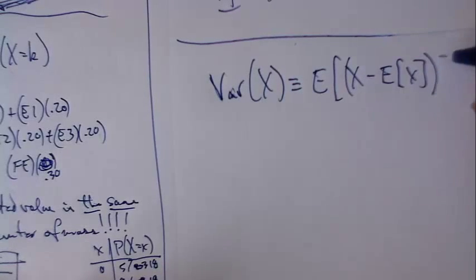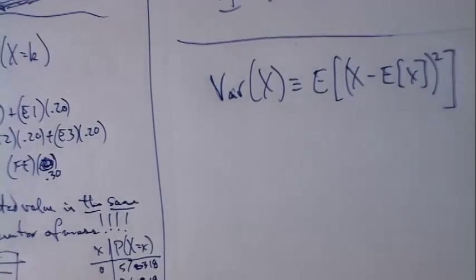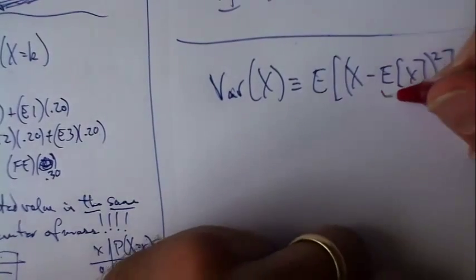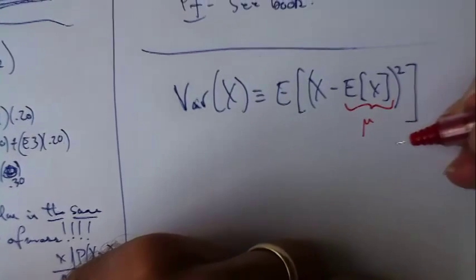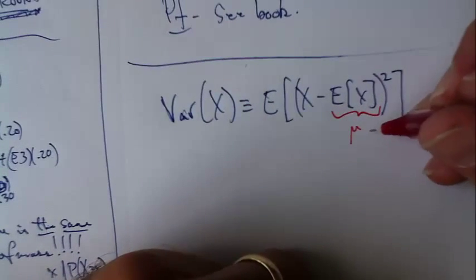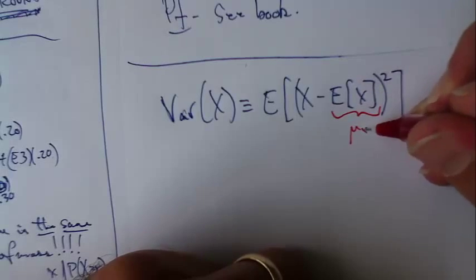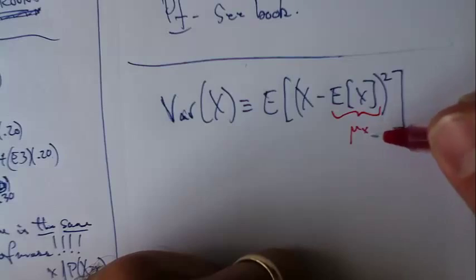By the way, sometimes people will write mu for the mean instead of the expected value of X. It's popular and easier to write. Sometimes they'll put a little x down there to denote the mean of the random variable X, because we might have more than one random variable lying around.